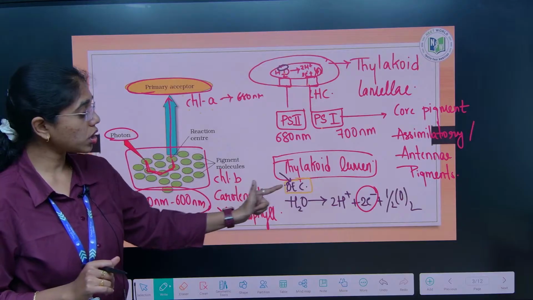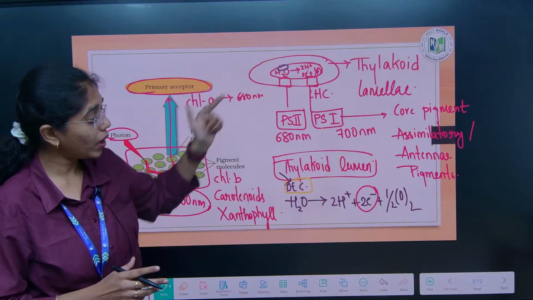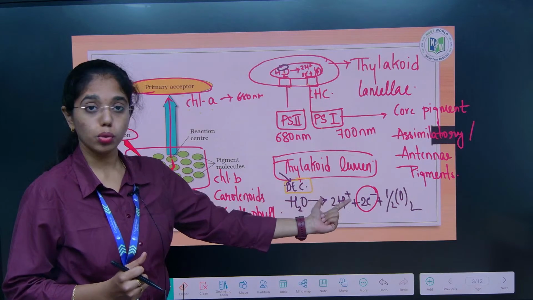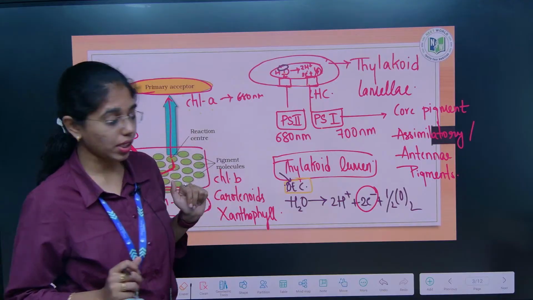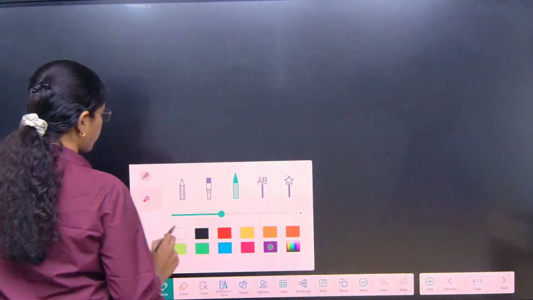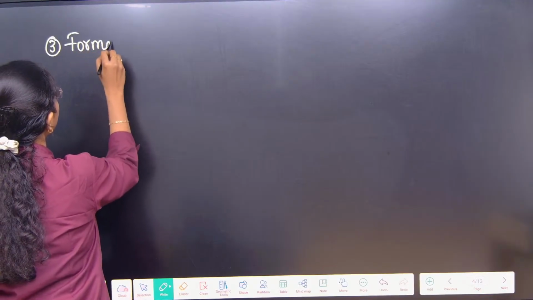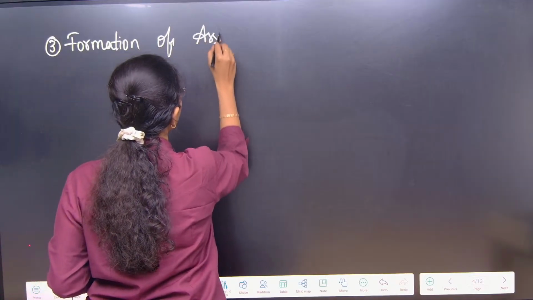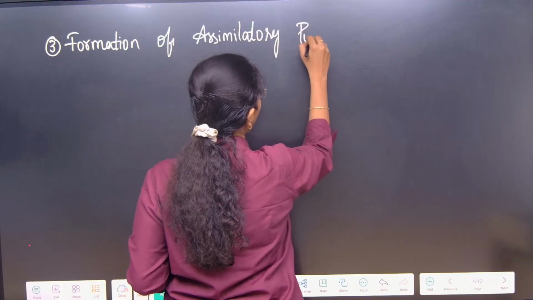Second step, by the oxygen evolving complex, which is present on the inner side of the thylakoid membrane towards the lumen, the water molecule is photolysed to 2 protons, 2 electrons and an oxygen atom. The first two steps are clear to us. Now, the third step is the formation of assimilatory power, which is very important.